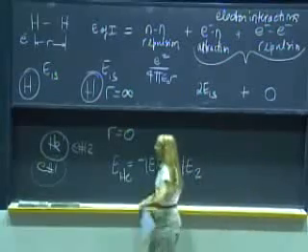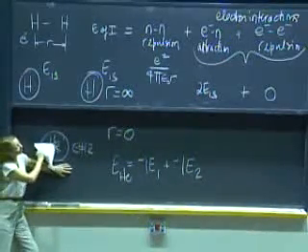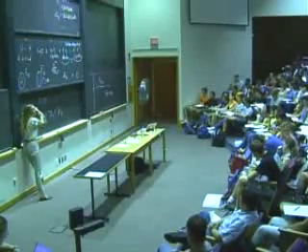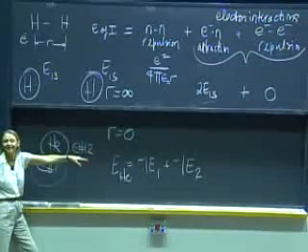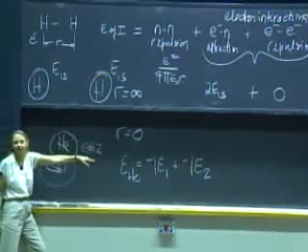In other words, if I take this one away, the electron nuclear attraction between the helium nucleus and electron 2 is just minus the second ionization energy of helium. Does that make sense?